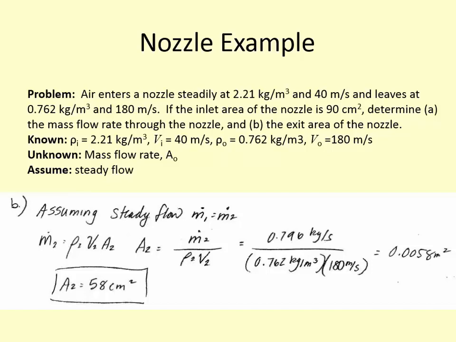And if we plug in the numbers for that, we get 0.796 kilograms per second divided by 0.762 kilograms per meter cubed and 180 meters per second is 0.058 meters squared, which we then can convert back into centimeters, so 10,000 centimeters squared per meters squared gives us 58 square centimeters.